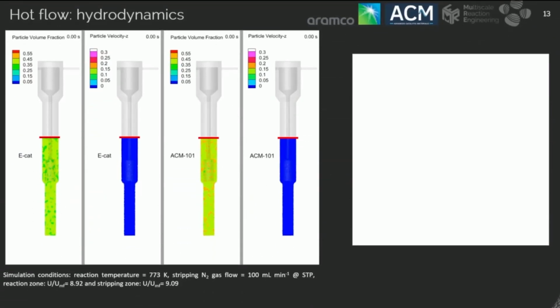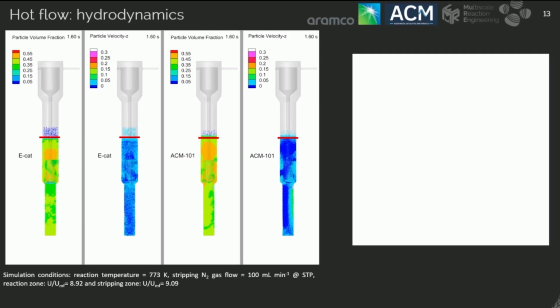Here I will show you some videos regarding the hot flow, where we have the reaction temperature at which we are heating the wall. We can see the red lines indicating the height of the catalyst bed.